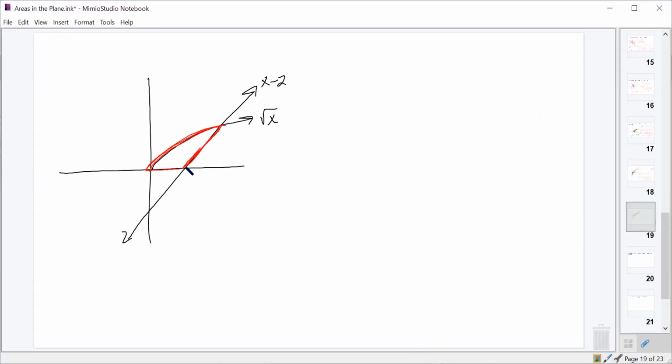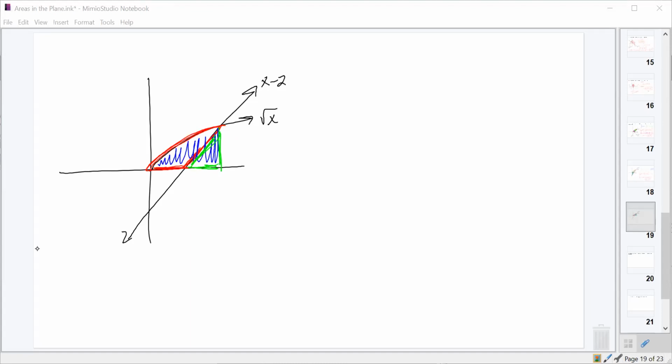This is the region I'm looking for, but instead, I'm going to find this region, and then I'm going to knock off this green triangle. You guys all see that that would be the same exact thing, right? Finding all of this and taking off the green triangle.